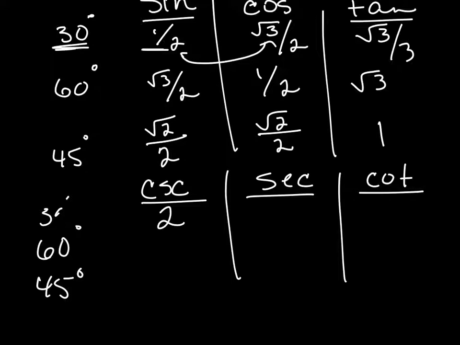If I go back to cosine of 60 degrees, the reciprocal of cosine is secant, and so if I flip 1/2, I get 2. If I go back and I flip the tangent of 45 degrees, if I flip 1 over 1, that's going to be a 1.